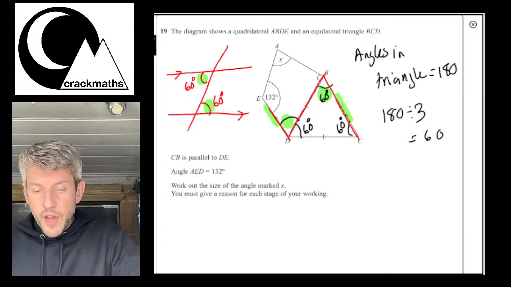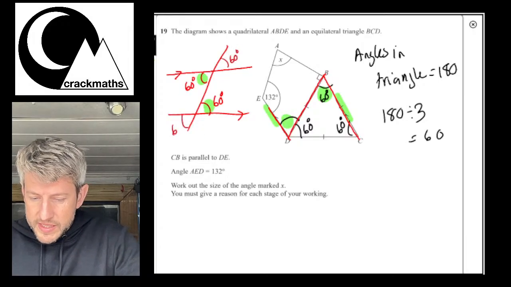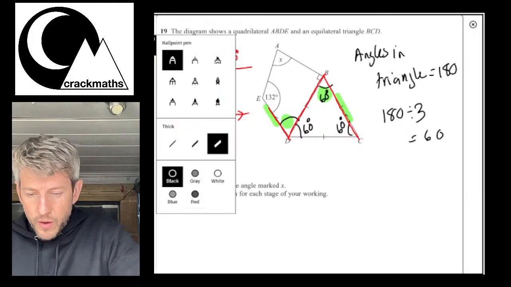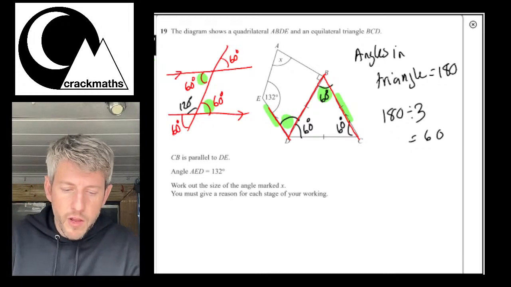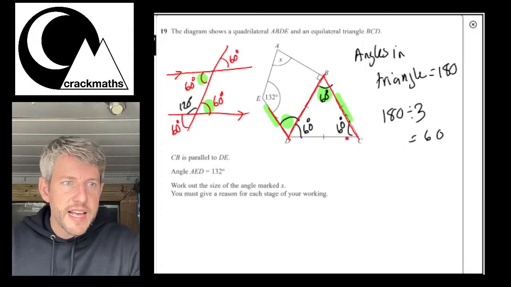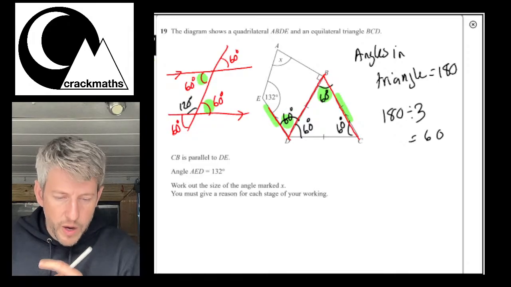The other angles that would be the same, that one would be 60 as well, this one would be 60 as well, and then this angle here would be 120 because they're on a straight line. But anyway, the information that we need is that this is the Z angle situation that's going on. So this angle is 60 degrees as well.